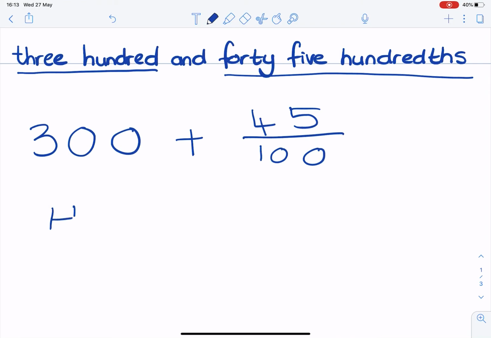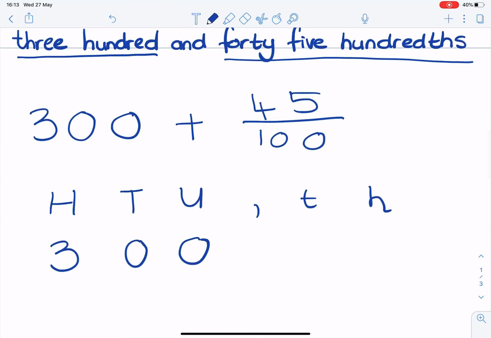If we look at our columns again, 300 is written like that. Hundreds, tens and units. 45 hundredths is written like this: 0,45.